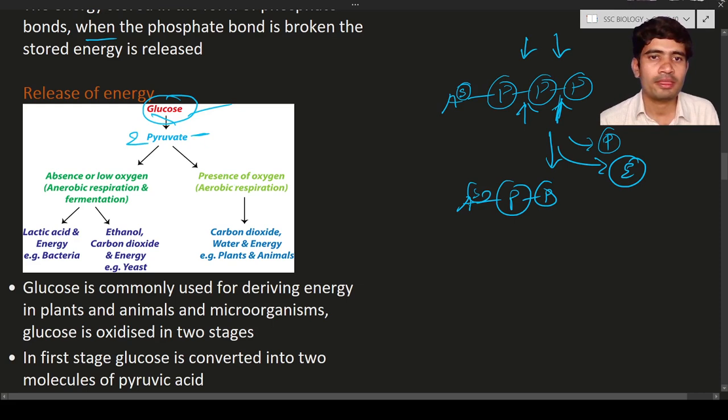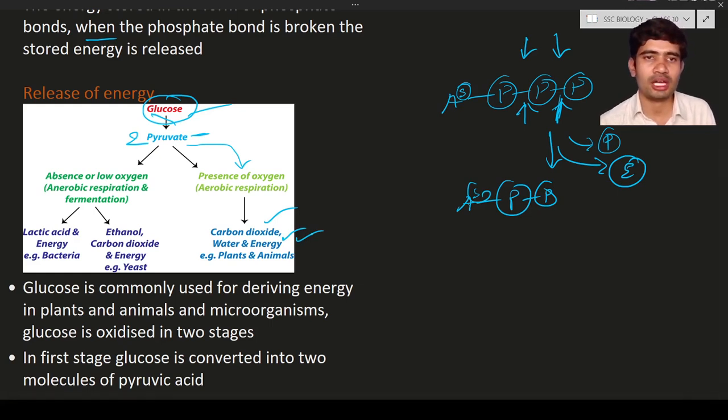For example, if it is a human being or some kind of animal, it enters aerobic respiration, and in the process, carbon dioxide, water and energy will be produced. Plants and animals undergo this kind of aerobic respiration.